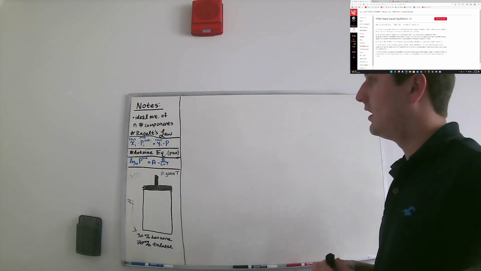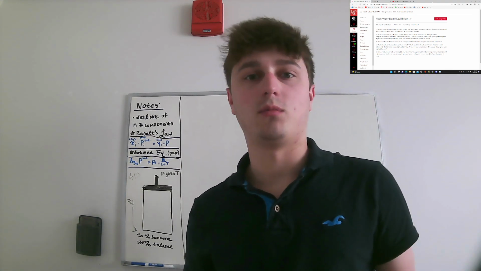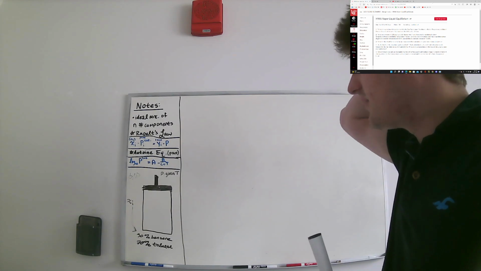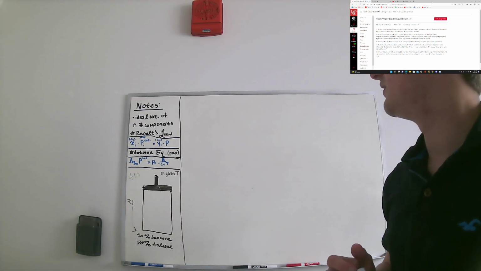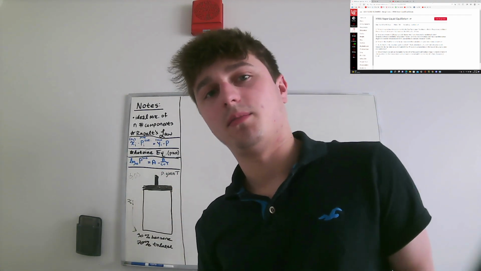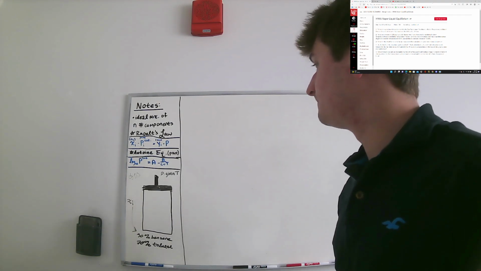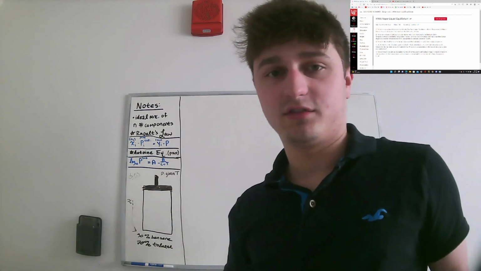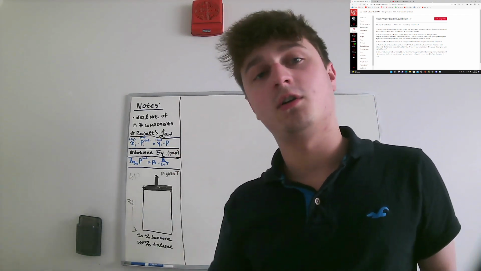Before anything, I just want to talk about what really sets this problem apart from what we've done all year. The big thing is that we have a mixture of n number of components. What does this mean? We will be using the Antoine equation as we have in the past. However, the Antoine equation gives us the pure saturation vapor pressure for pure substances, but we're going to be looking at mixtures.